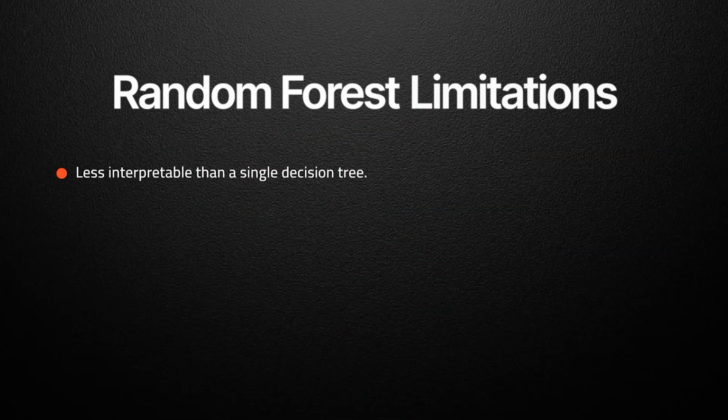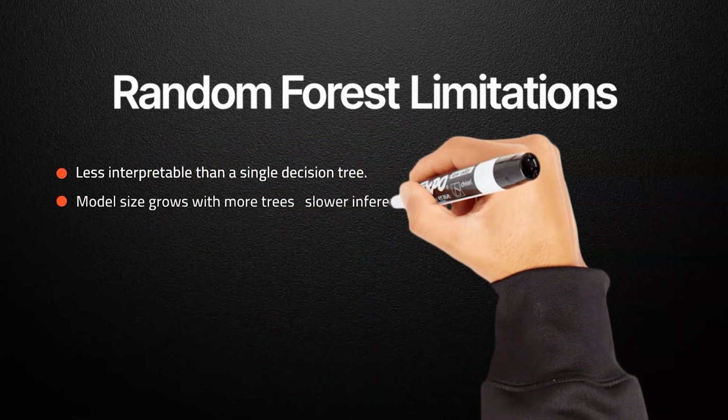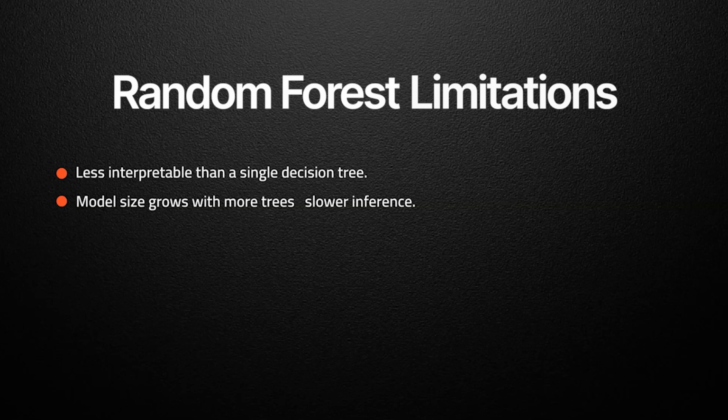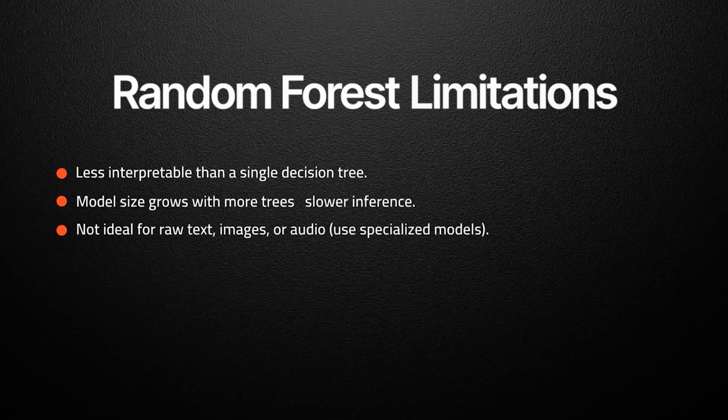Limitations to keep in mind are that a random forest is less interpretable than a single tree. The model can be large and slow at inference as you add trees. Feature importance based on impurity can be biased towards high cardinality features. And in such cases, it's preferable to use permutation importance instead.